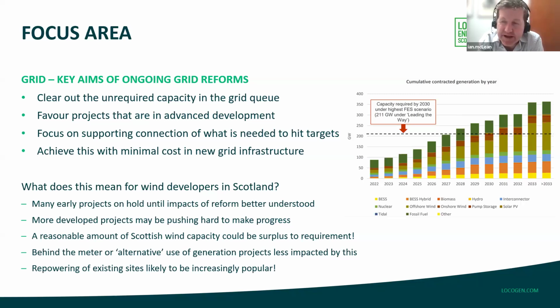Initially, when I started work, there was no real means of withdrawing connection offers. Once you had the offer, it was very difficult for them to take that capacity back. As time has progressed, they have looked at bringing in more and more sticks to ensure that people didn't just secure grid capacity and not progress with it.